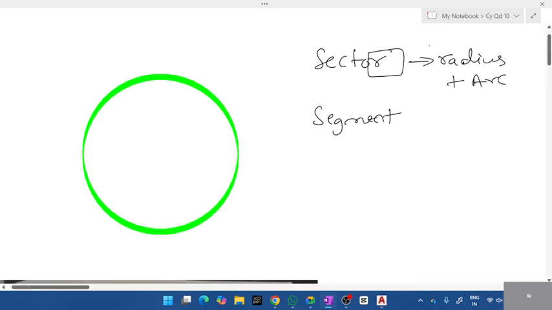Remember the letters R and R, sector and segment, very important.